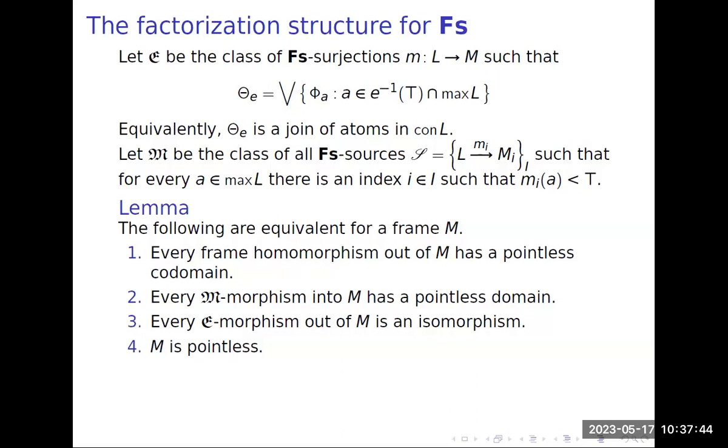And then, again, I think it's rather amusing to observe that pointlessness can be characterized in terms of these classes as follows. Frame M is pointless if and only if every fractor M morphism into it has a pointless domain, and every fractor E morphism out of it is an isomorphism. Those are alternative characterizations of pointlessness.